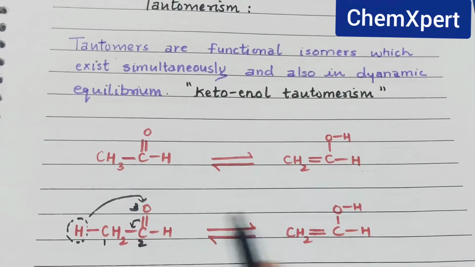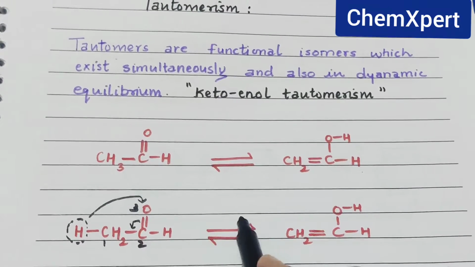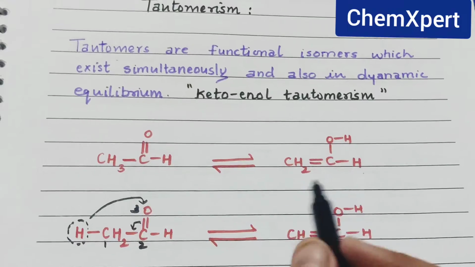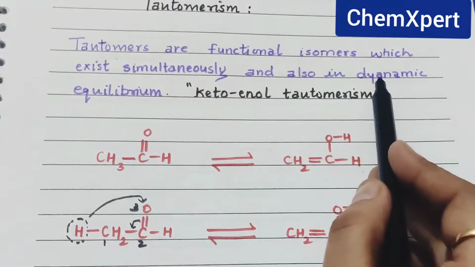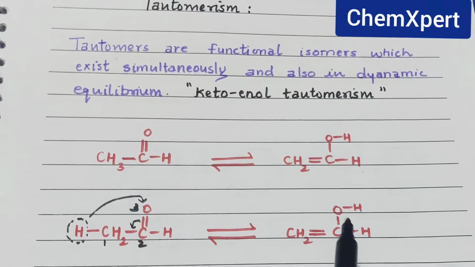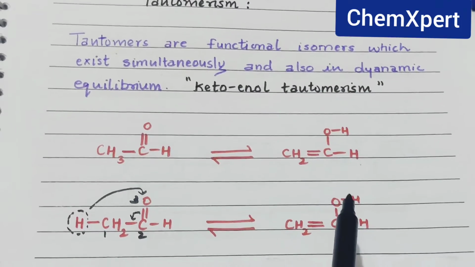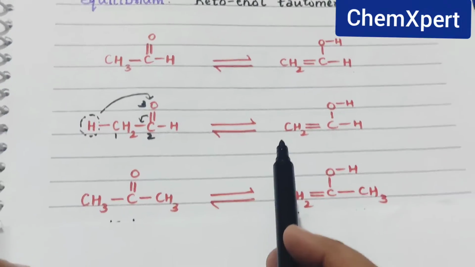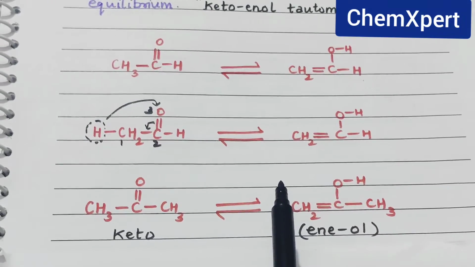So these two forms are in dynamic equilibrium. These forward and backward arrows show the dynamic equilibrium, that is, one form very rapidly changes to another. As we have said, it is shown by the ketone, that is, here the keto group.